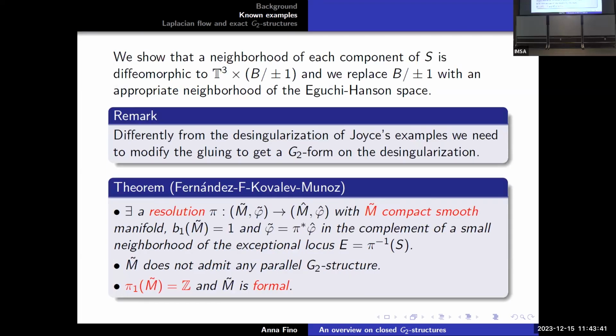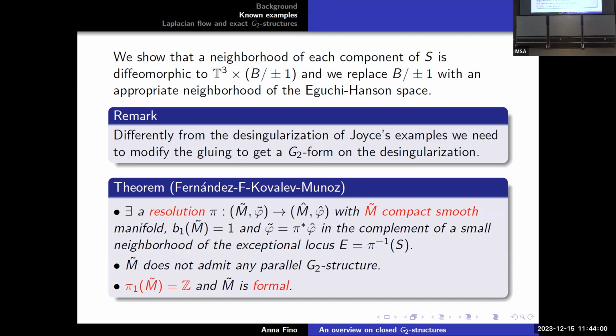And we know that the neighborhood of each component of the singular locus is isomorphic to the product of T3 times the open ball in C2 over the cyclic group theta 2. And then we replace that with an appropriate neighborhood of the Gibbons-Hawking space.